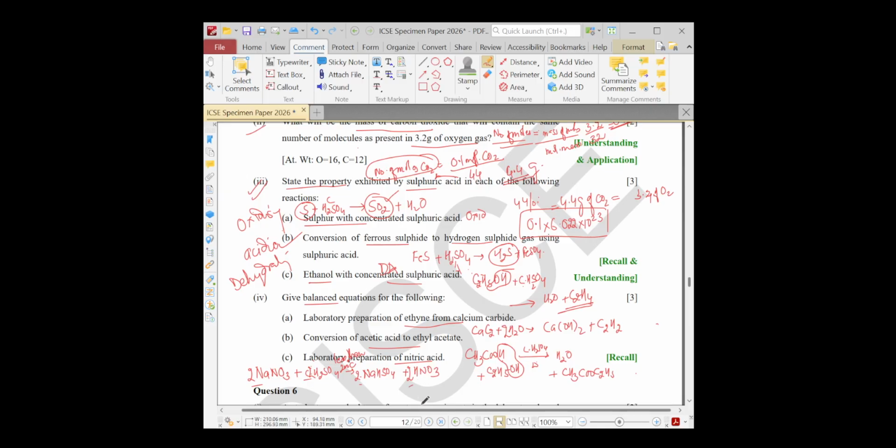Is this clear? So the final reaction will be NaNO3 plus H2SO4 gives NaHSO4 plus HNO3, a balanced and complete reaction.